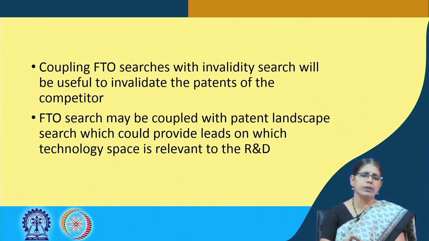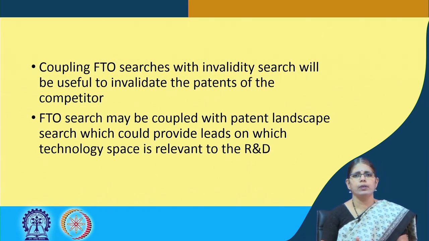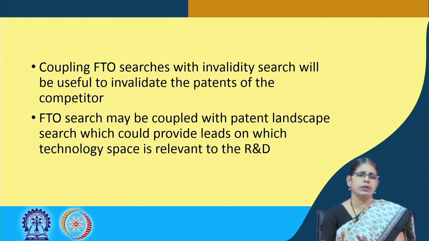Where does it actually fit? In which case you would undertake what we call the patent landscape search, which will be an elaborate search in relation to listing out the entire set of patents in a given area. So, it provides you what we call technology trends in relation to that particular area.